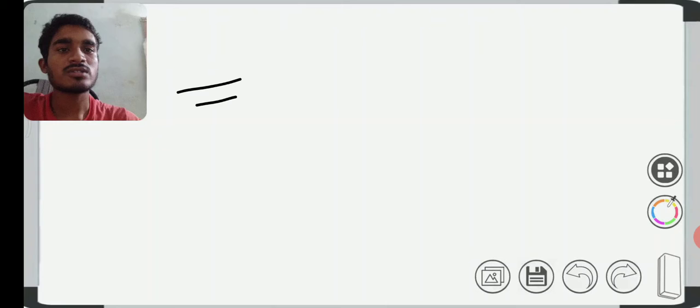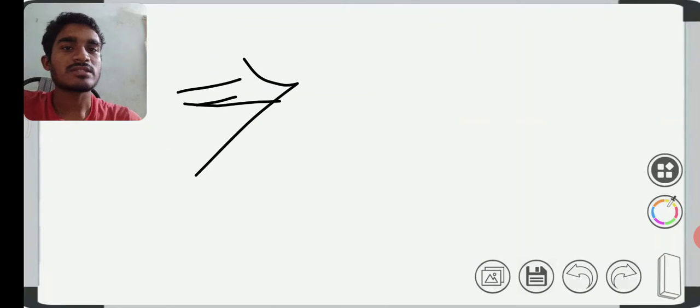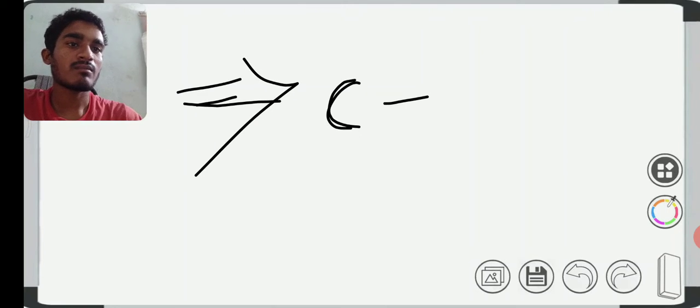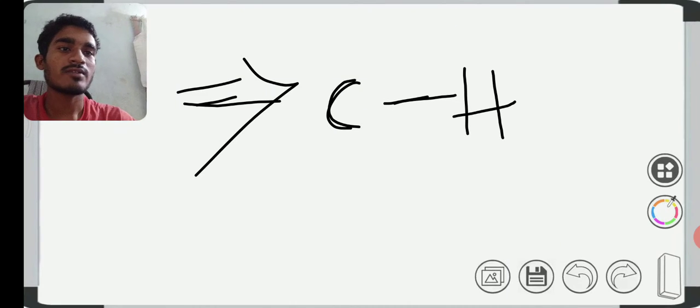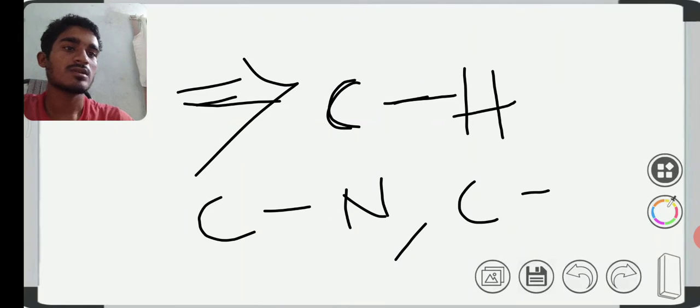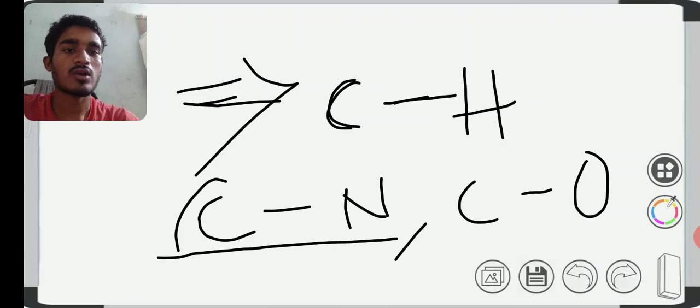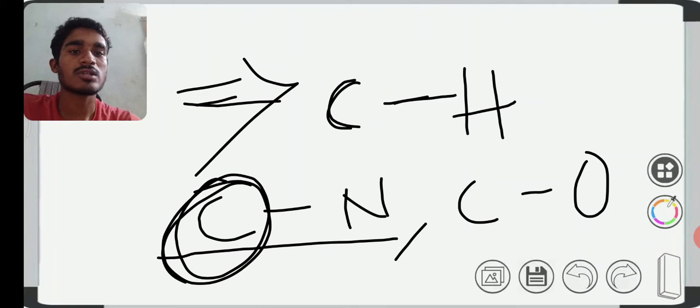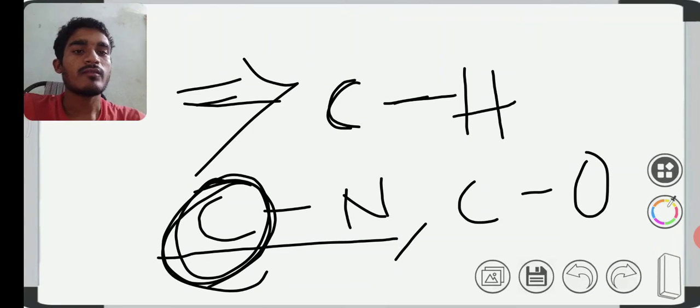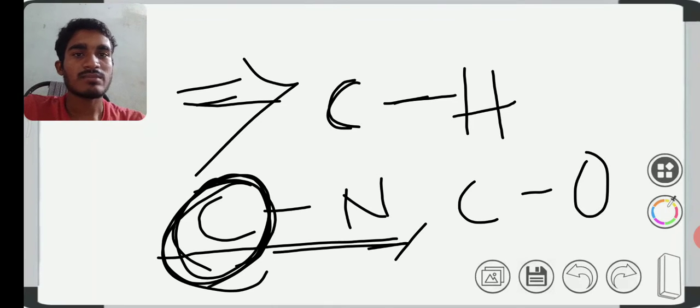Now we see an example first. Carbon bonded with hydrogen, carbon bonded with nitrogen, and carbon bonded with oxygen. For this type of bonds we have to see just the alkyl group. This is aromatic compounds. Every atom has different properties and different characters, so it will show some different properties.